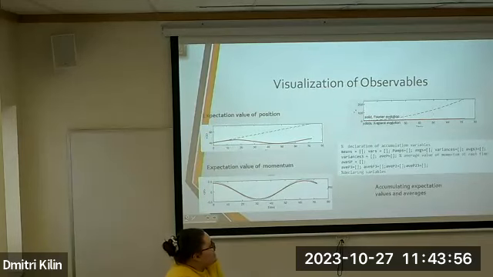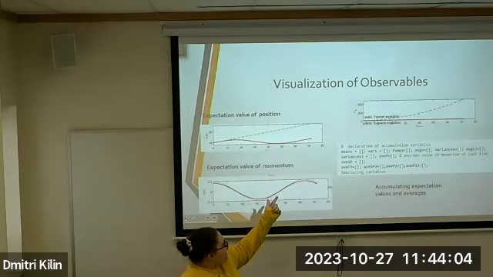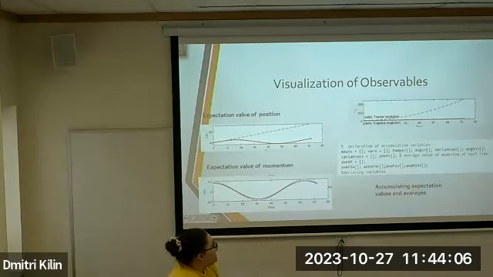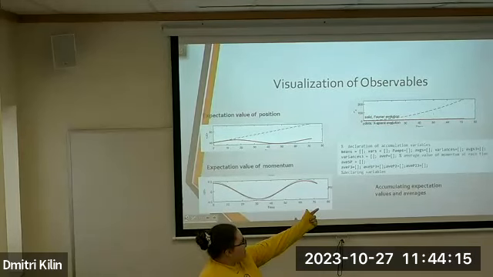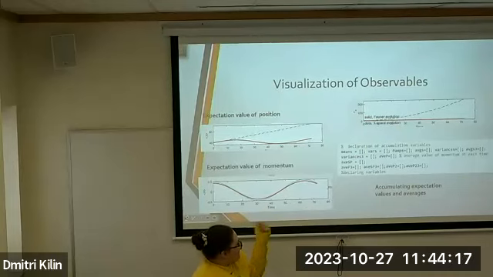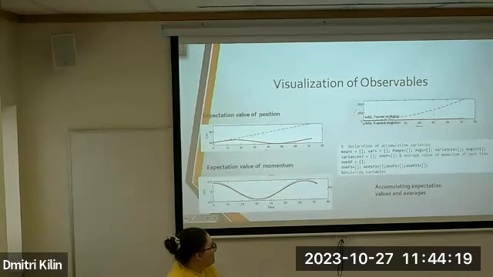Visualization of observables. So we had the 3 different observables: the expectation value of position, the expectation of momentum, and the expectation of the others. This is shown by the expectation value being the average, the accumulating averages. And we use AVGS and AVE to calculate the averages in the code.